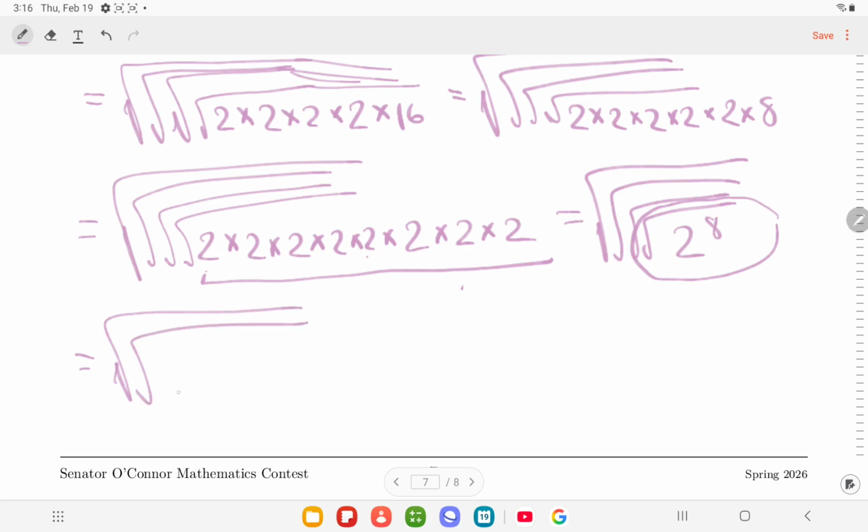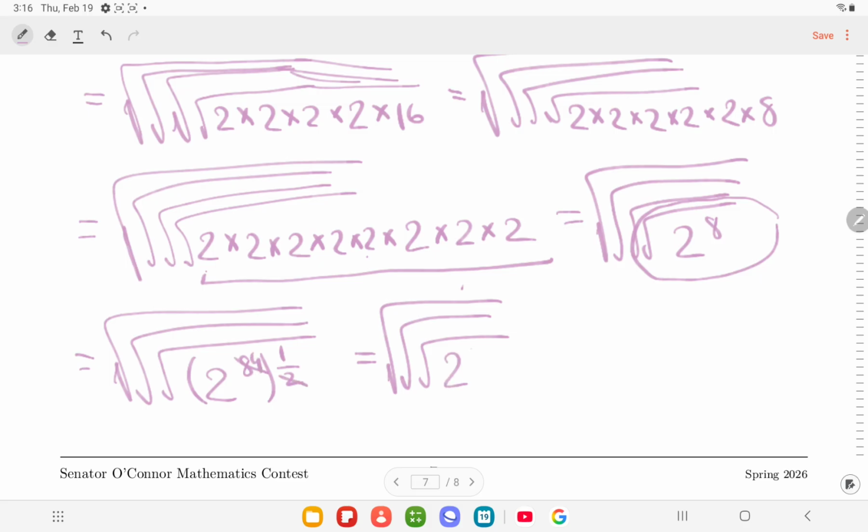We know that when you have a square root, it is equal to the exponent of 1/2. So we would get this. And we can simplify that to 2 to the 4, because 8 divided by 2 is 4.